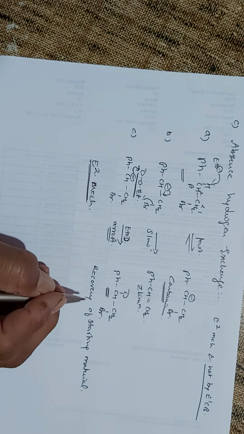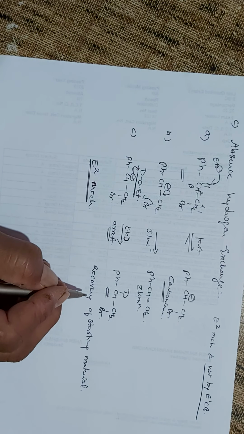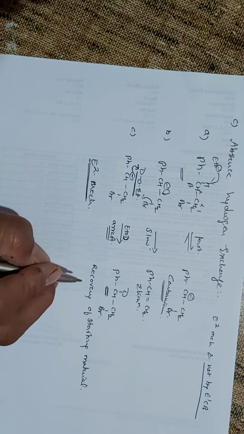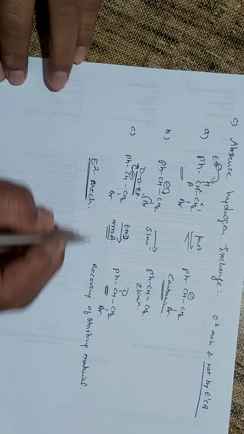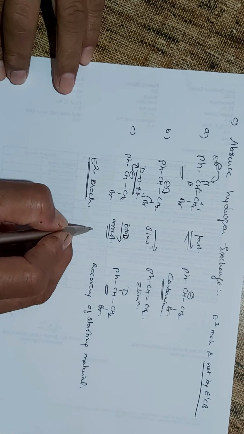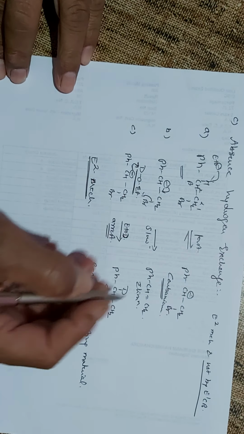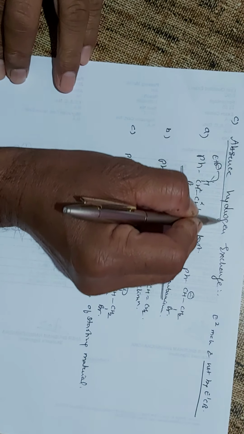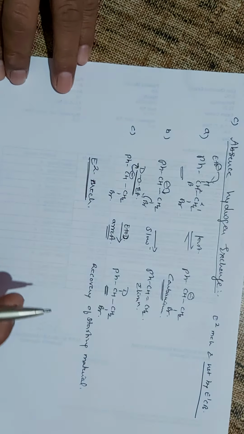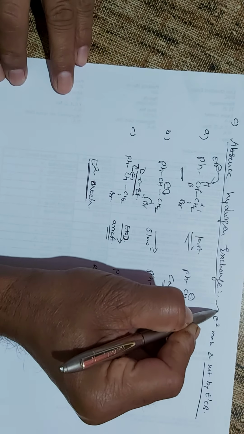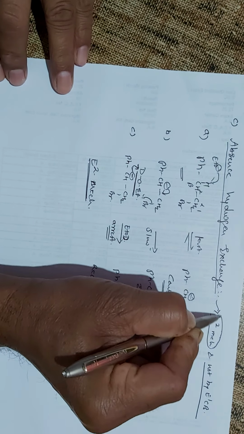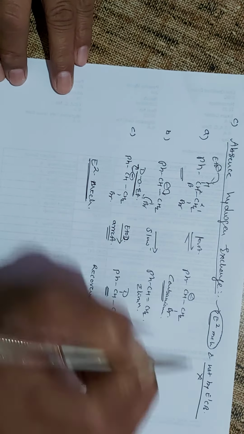But the reaction does not proceed by the E1CB mechanism. This indicates that the hydrogen ion exchange is not taking place. This means absence of hydrogen exchange is seen in this reaction, indicating that the reaction proceeds by E2 only, and not by E1CB.